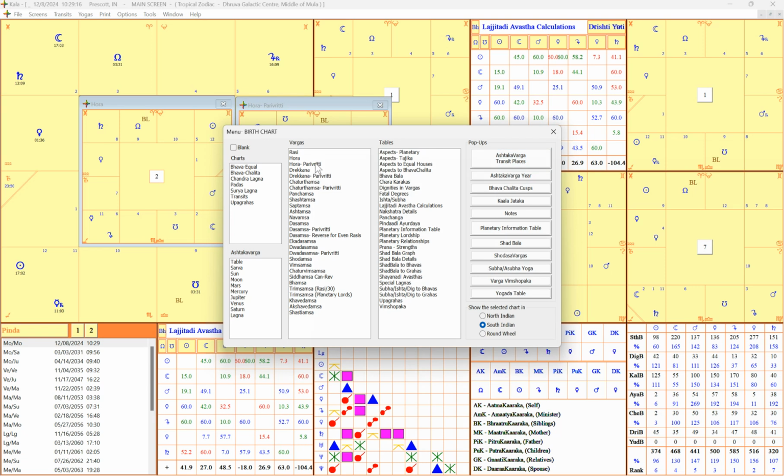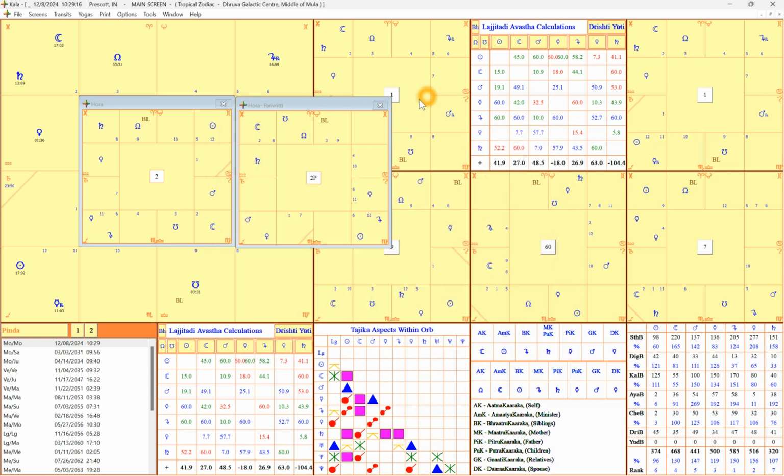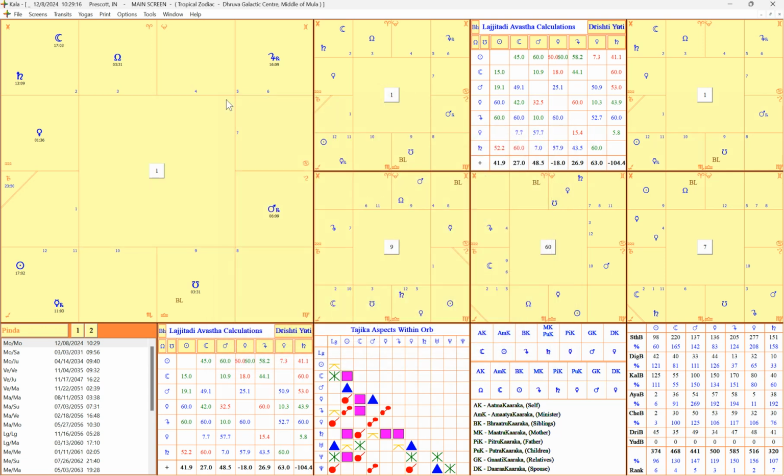All right? Parivriti means going around in the regular order, essentially, revolving in the order of the zodiac. So in a Parivriti method, what we'd simply do, let's take the Hora chart, which is half a sign.